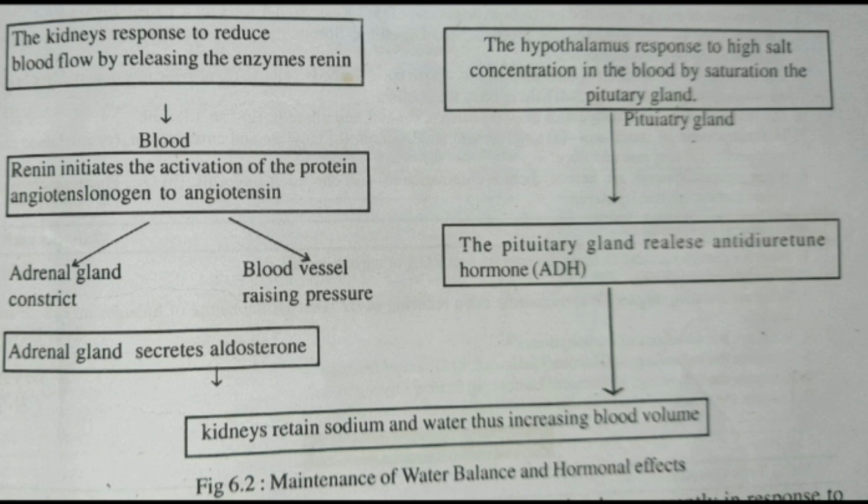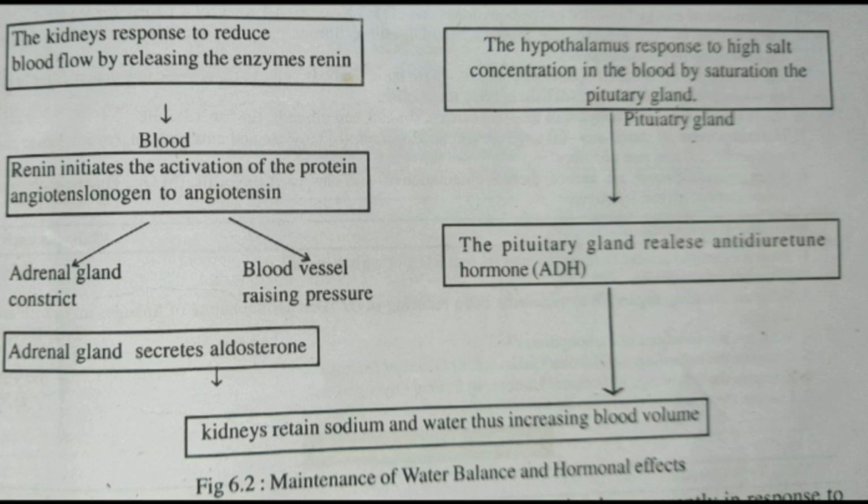So cells in the kidneys respond to low blood pressure by releasing an enzyme called renin, which in turn causes the kidneys to reabsorb more water and increase the blood water volume. So renin acts as a very important factor in the reabsorption of water through the kidneys.